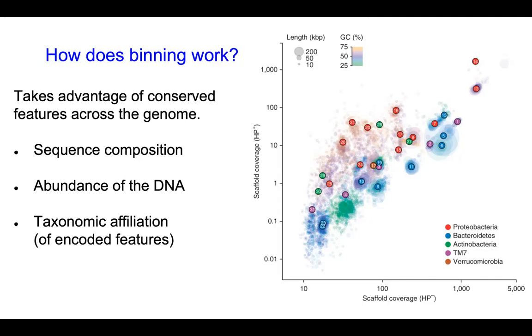You can then annotate those with their taxonomic affiliation by predicting the features on the scaffolds and seeing which other organisms they match. And that way you get these emergent clusters. And you'll see that something like bin 13 in the top right is going to be much easier to separate from the other organisms than bin 22 in the bottom left, which is fully overlaid with a different one.